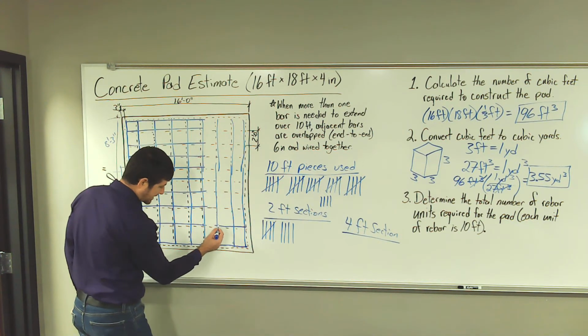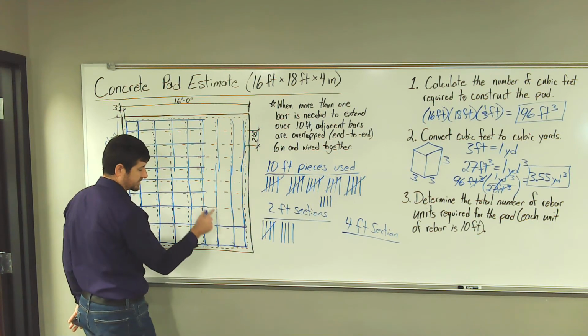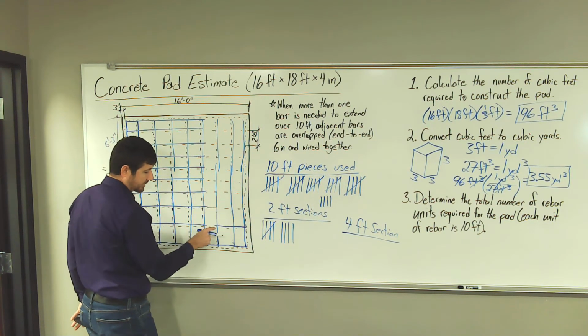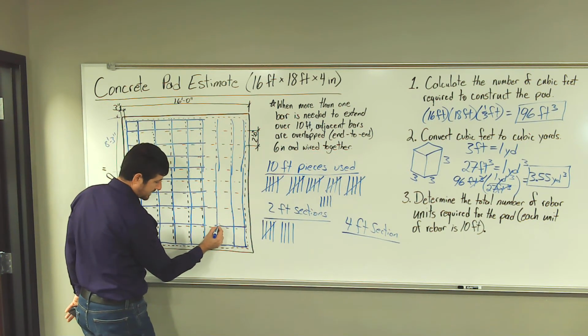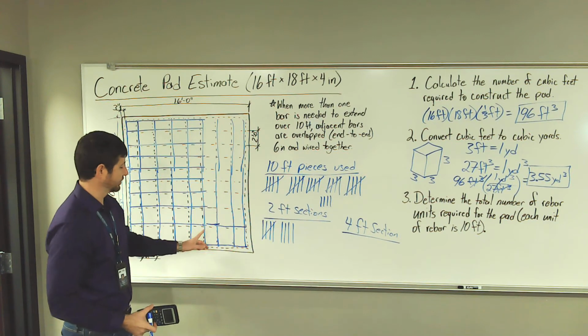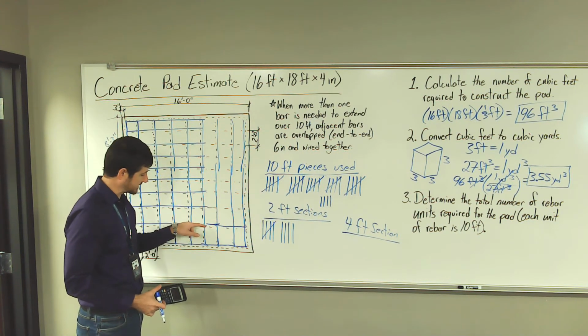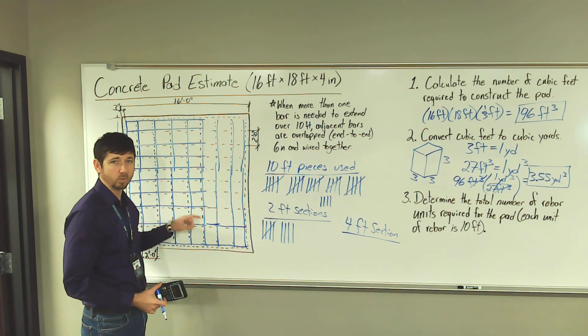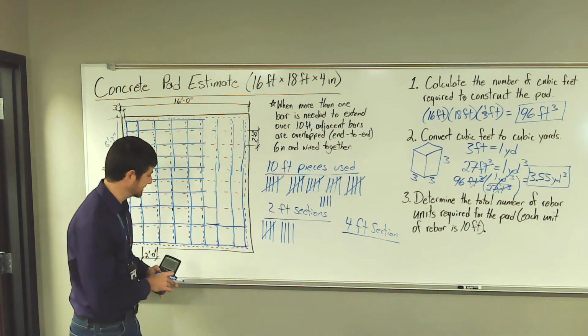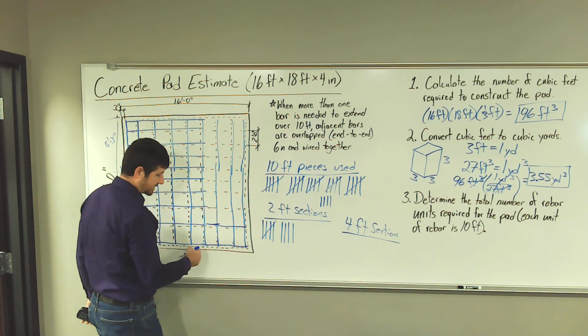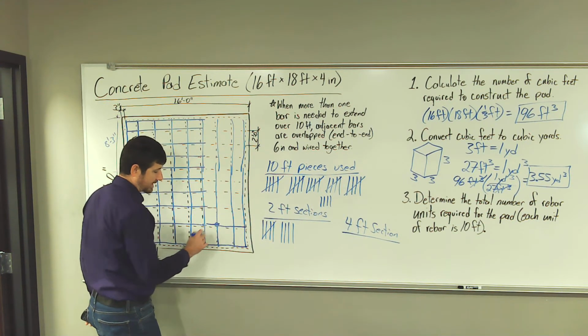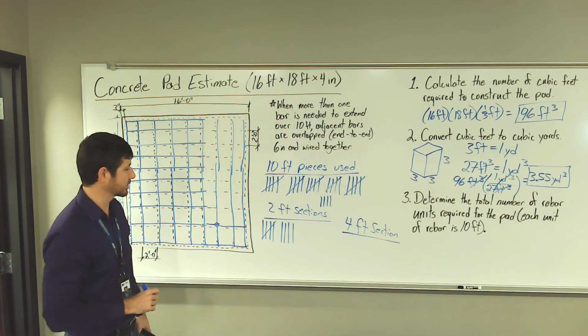So my 2-foot section, I'm going to start right here, which is 3 inches beyond or to the right of this dotted line. And it's going to end 3 inches before this dotted line. So these 2 pieces of rebar will actually be end to end. But right here we have a 6-inch overlap, so we would be able to tie those together with wire.